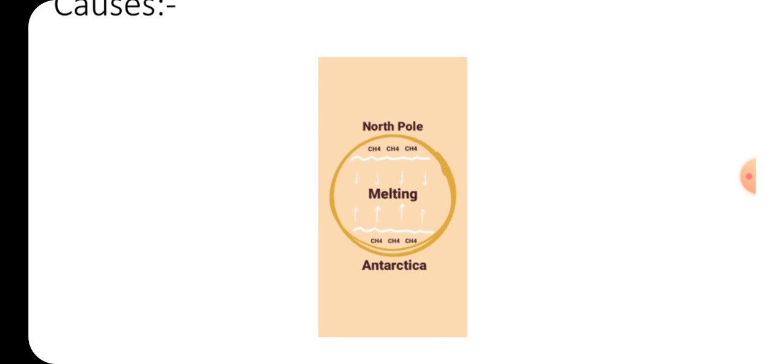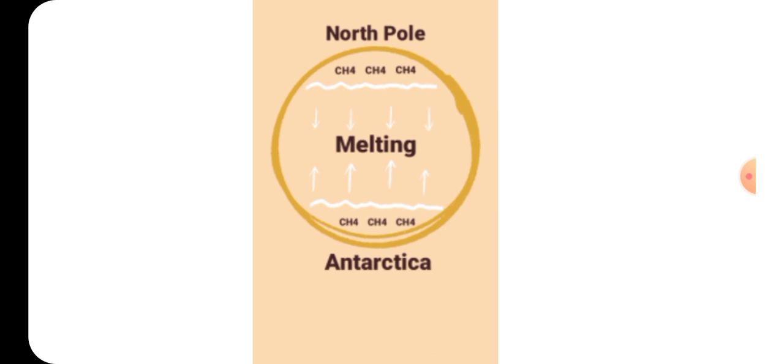It is the decomposition of decaying dead animals and plant materials. The decomposition of the dead bodies of animals and plants which were buried under the snow is the cause of methane here. It produces methane gas.